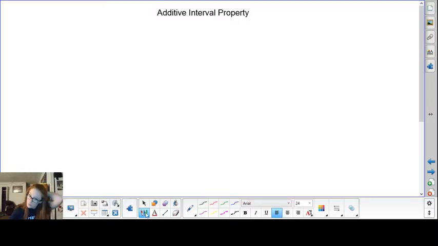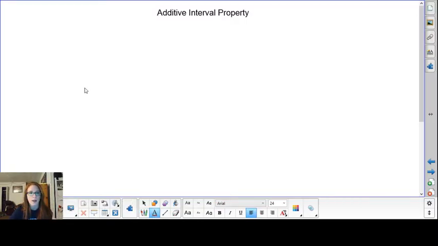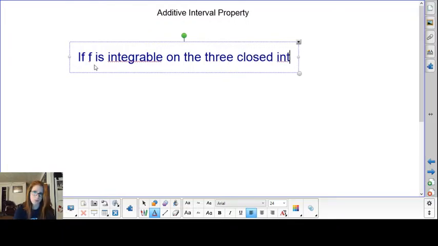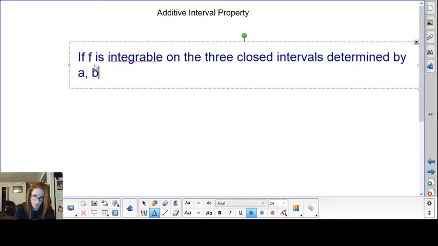Alrighty then. This leads us to the additive interval property. It says if f is integrable on the three closed intervals determined by A, B, and C, then the following happens.